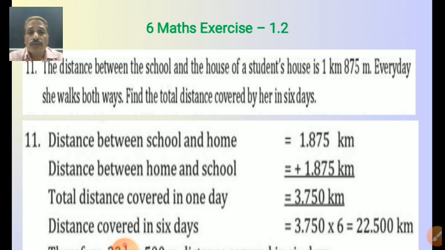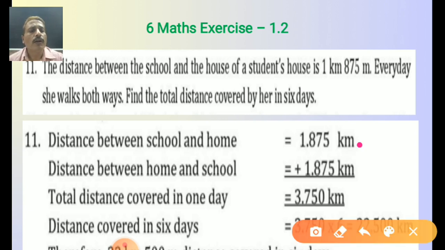First of all, you started from home to school. What is the distance you travel? That is your answer. You come to the school up to 1 kilometer 875 meters, because 1 kilometer is equal to 1000 meters. Now next, from school to home you are traveling, covering distance.